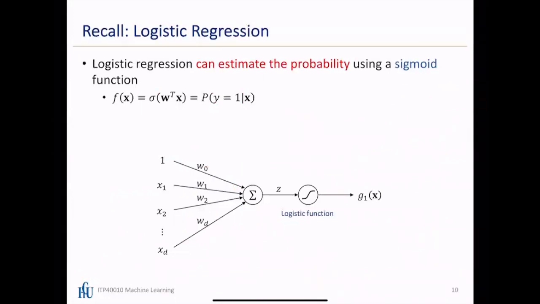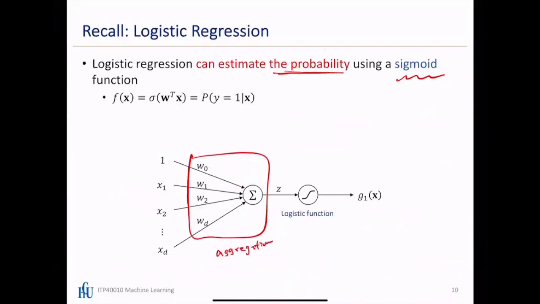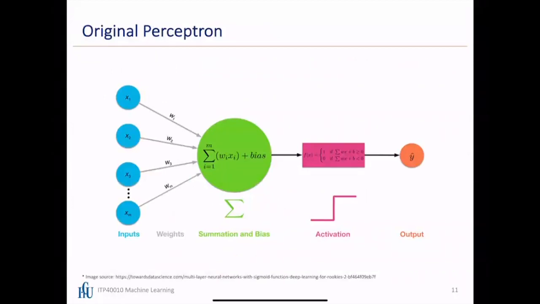So let's go back to our discussion from logistic regression. It is aiming to estimate the probability using a sigmoid function. We can see this is the aggregation, and the outcome of the aggregation goes into the logistic function. This was an activation function, and this is the final outcome. Compared to this, the original perceptron structure was like this.